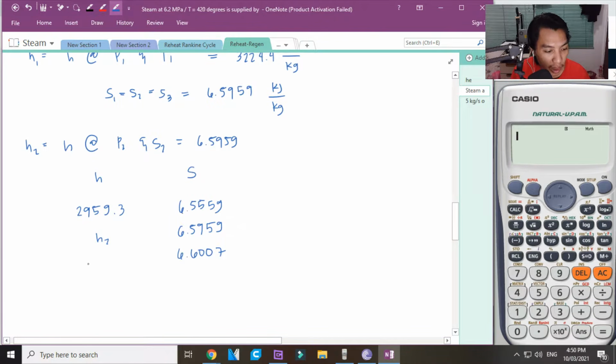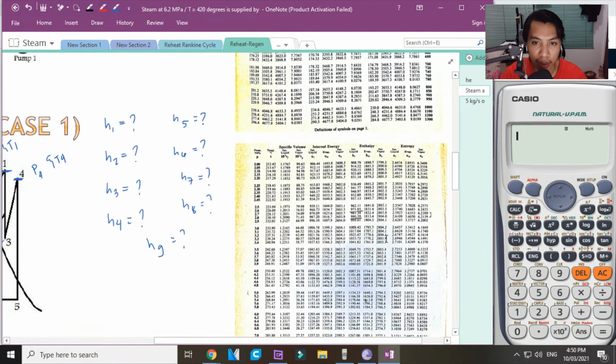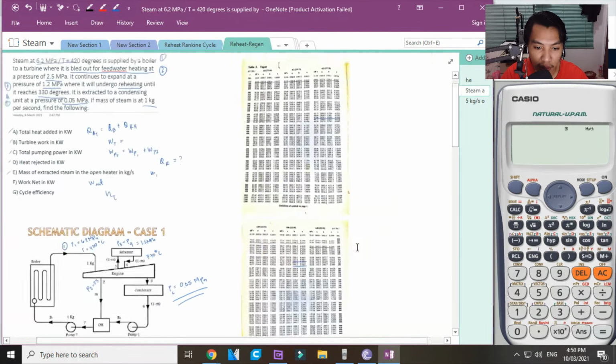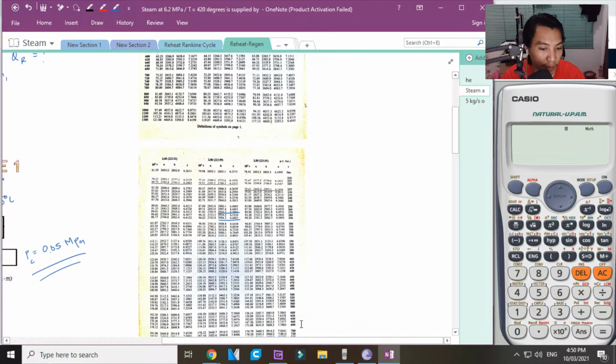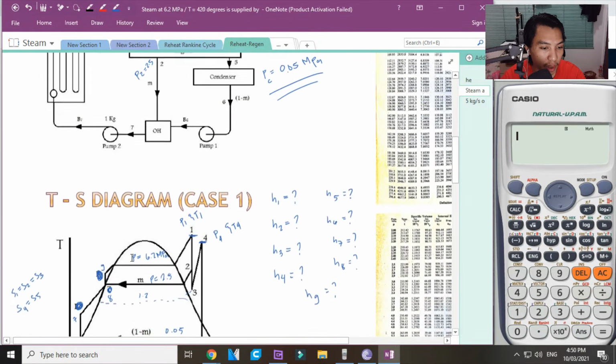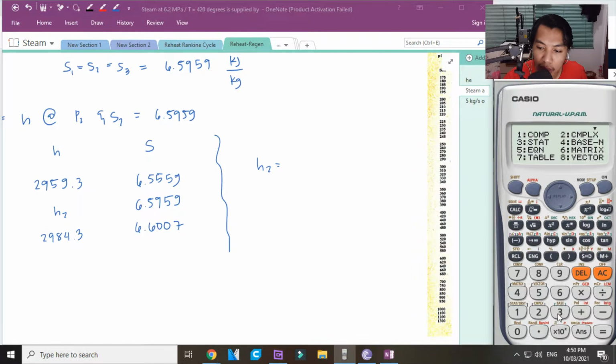H2 nasa gitna. Tapos, 2984.3. Malalaman na natin yung value ni H2 by interpolation. Tingnan natin kung tama yung naging value ko. Ayun, nilistahan ko: 2959.3 tapos 2984.3. Ayun, tama naman.